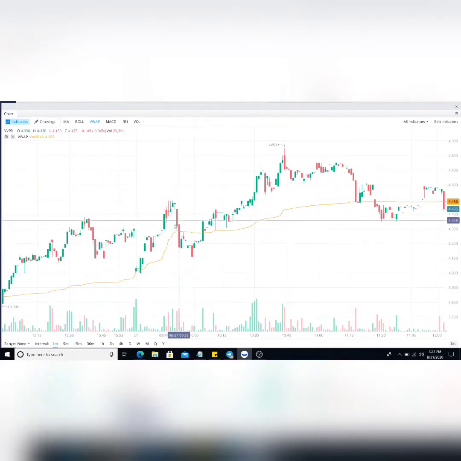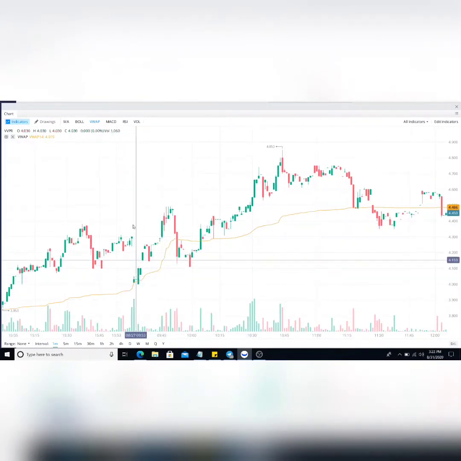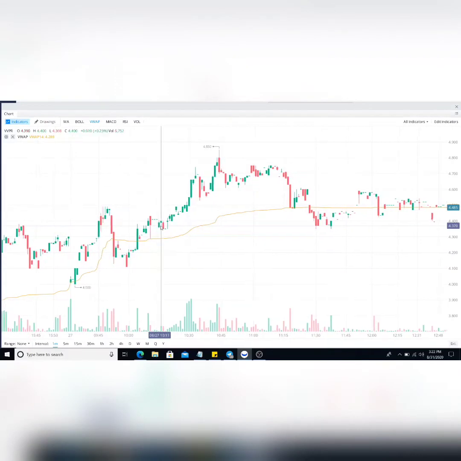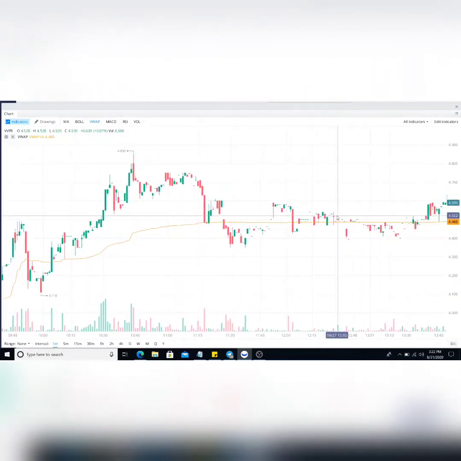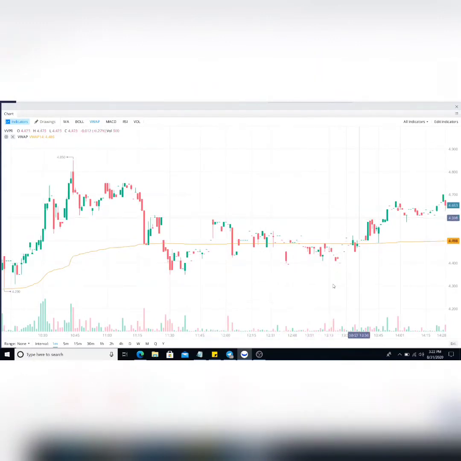So already that's kind of a good sign to me. It didn't pop and then drop like it had on the 25th and the 26th. Throughout the 27th, it trades a little bit above VWAP, kind of along it, especially during the lunchtime. While there was no volume here, you can see that these candles are non-existent.